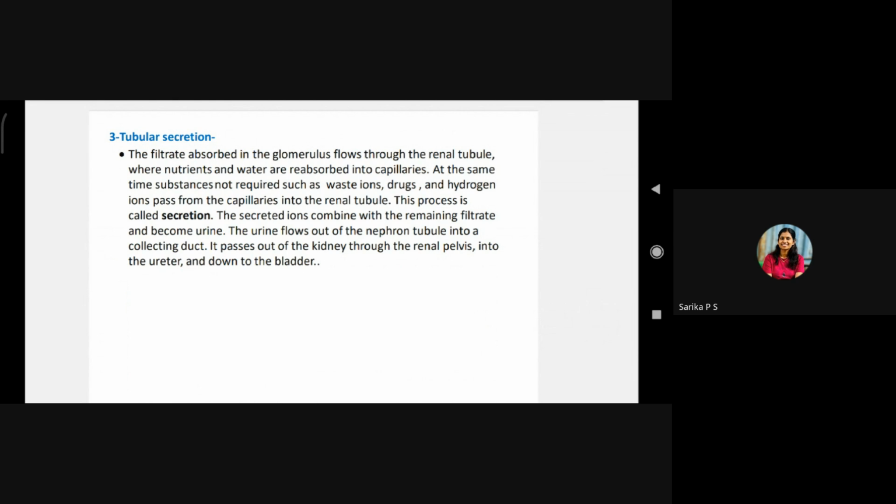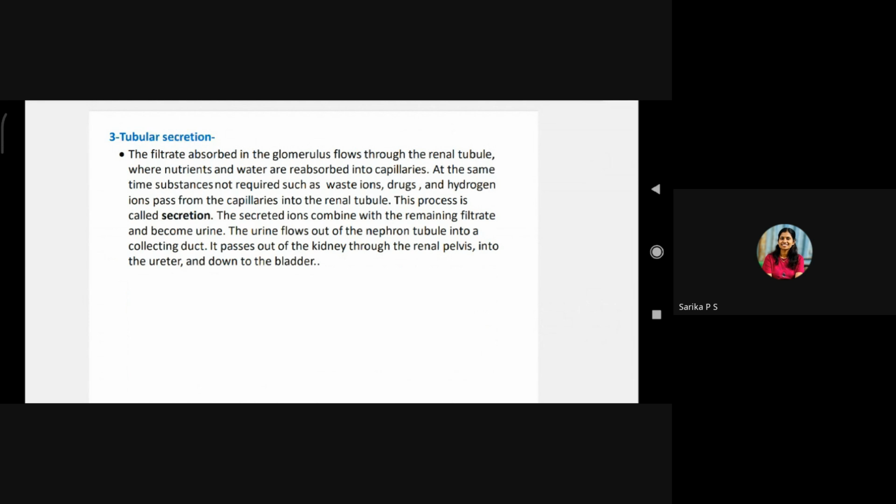So, not only are the blood capillaries getting essential things from the tubule, the reverse process is also going on. It means from capillaries, these waste ions, drugs, and hydrogen ions pass to the renal tubule.